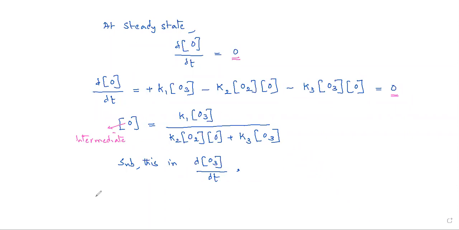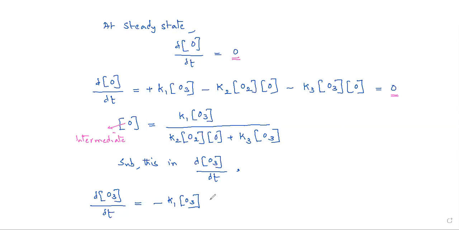What do we get? Now come on, dO3 by dt. We have actually given it as minus K1 into O3 because it is reacting in the first step. In the second step and in the third step, we got this oxygen reacting, nascent oxygen reacting.